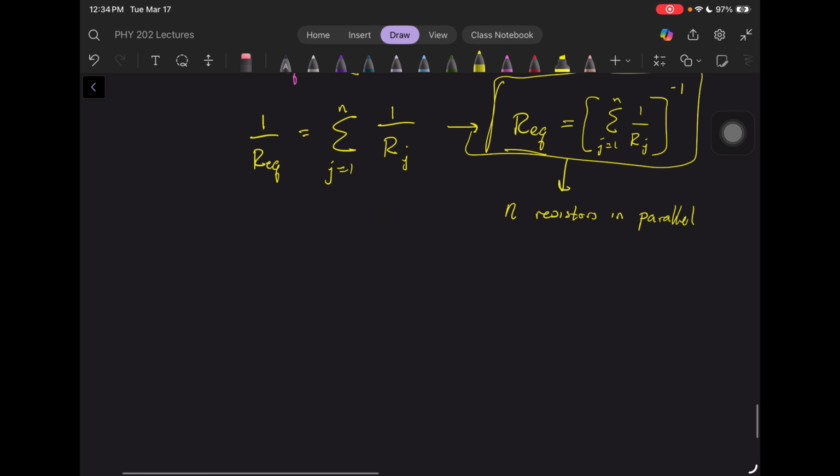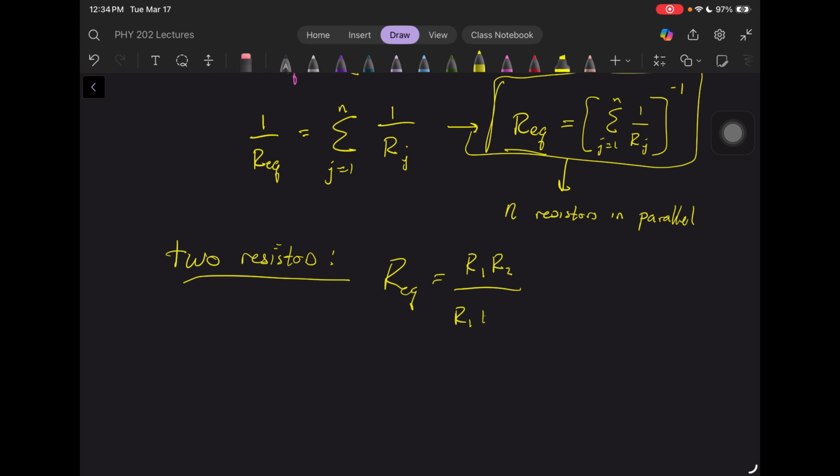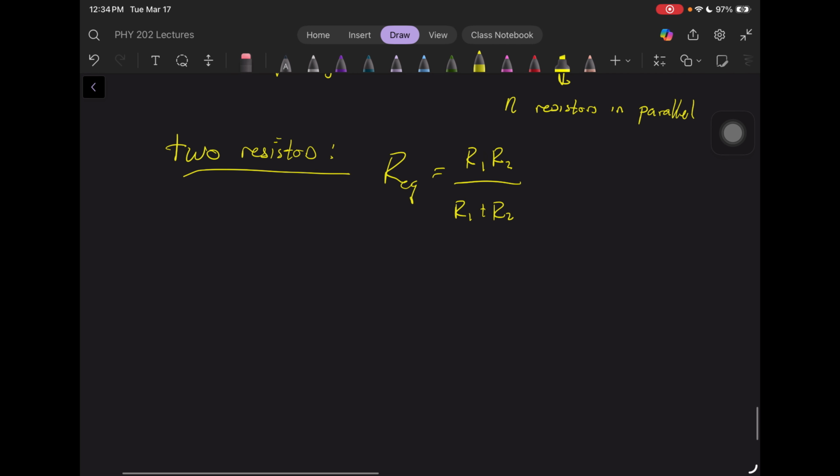And if we have 2 resistors, then REQ is equal to R1 R2 over R1 plus R2. And you can manipulate this equation for 2 resistors and see that that's true. Well, might as well just go ahead and do that real quick. So if we have 1 over R1 plus 1 over R2 to the -1, we want to make common denominators.